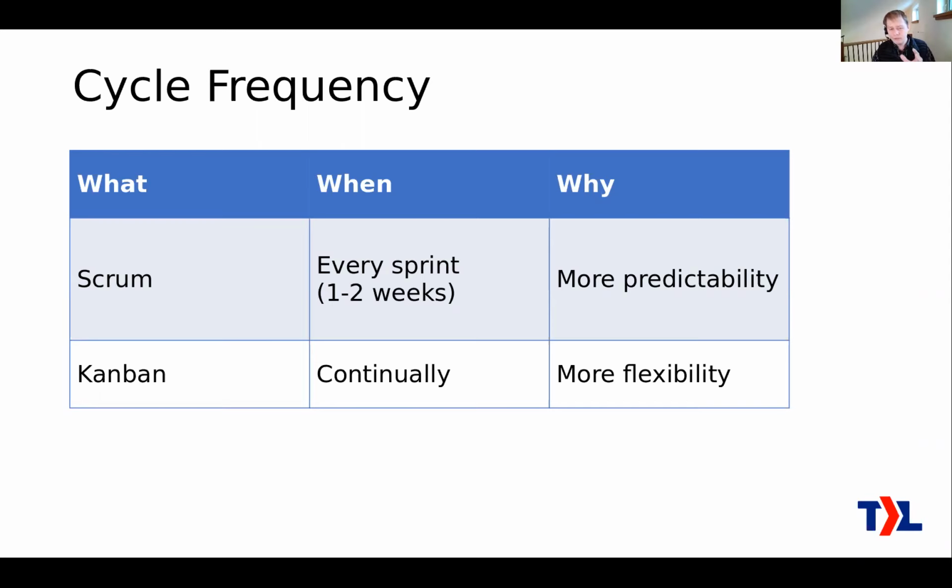Scrum you might use if you need a bit more predictability. Basically, the idea is that you, as a project manager, do some planning and then hand that over to the engineers, and you don't change things for them for the period of the sprint, so that they have some predictability. That'll be predictability for your customers as well. Kanban you choose if you want more flexibility. Basically, you're in an environment where things are always changing, and it's really hard to even think 2 weeks ahead.